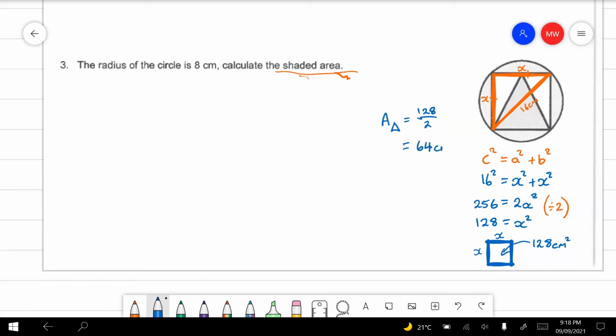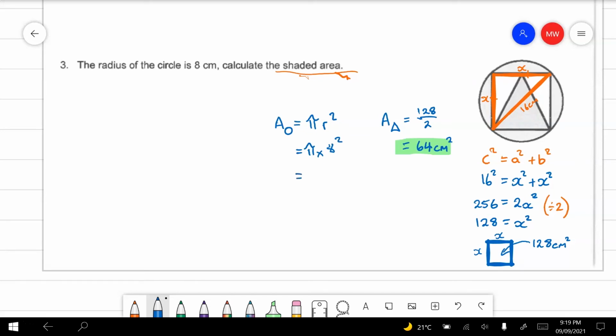And we're just going to leave that sitting here for a minute. Okay, so this is the area of my triangle. Now what I need is the area of the circle, the full area of the circle. And so the area of the circle is going to be pi r squared, which is going to be pi times 8 squared.